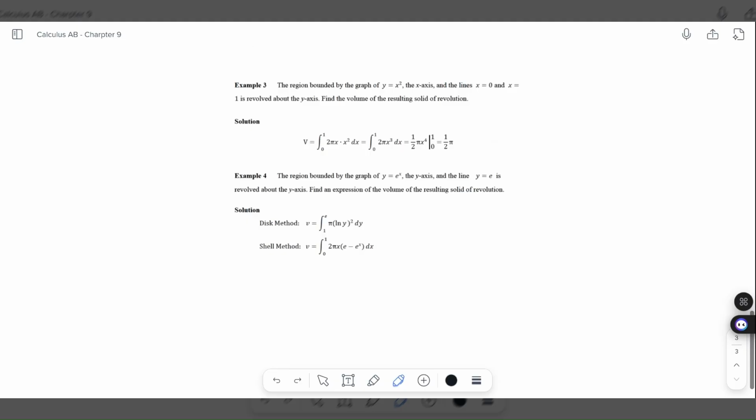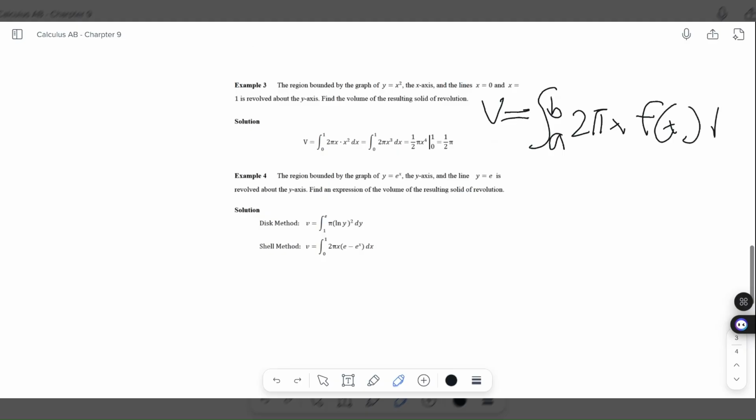Find the volume of the resulting solid of revolution. So now, as a refresher, the volume formula is equal to integral a to b 2 pi x f of x dx.